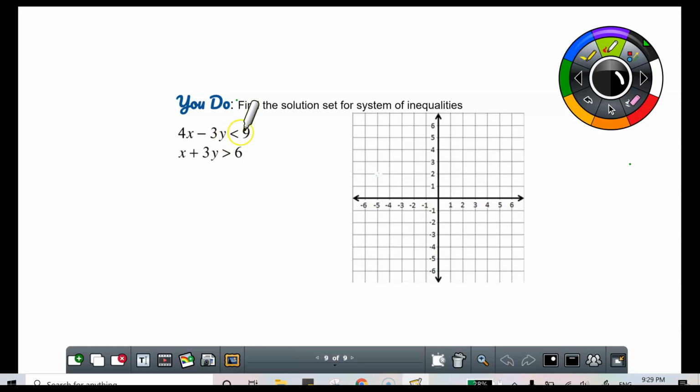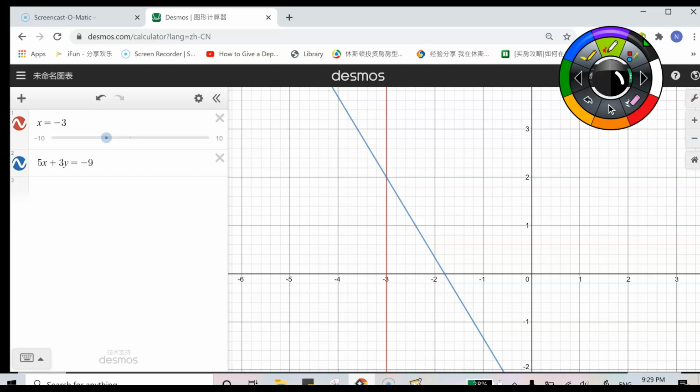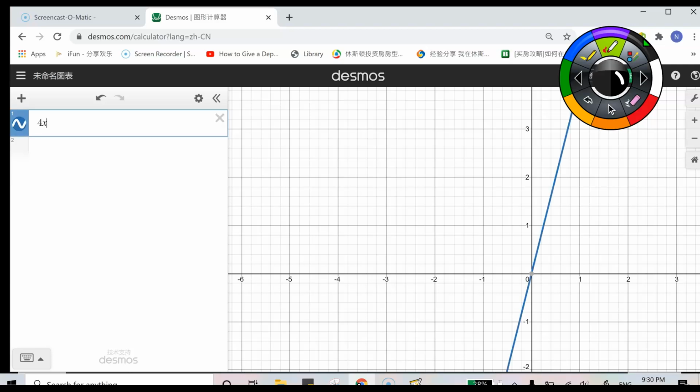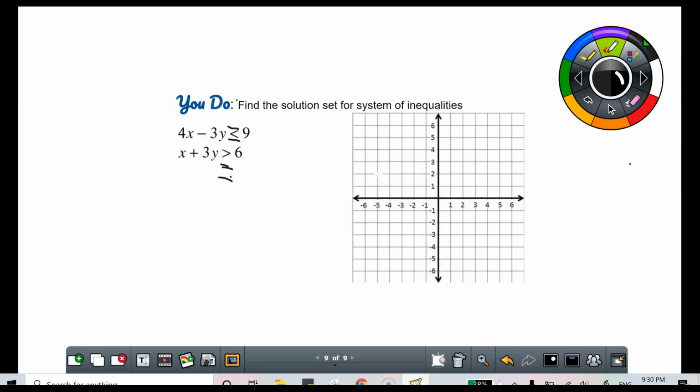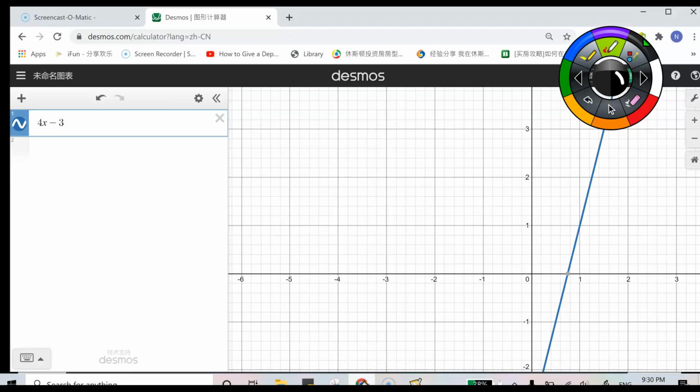First, see it as an equation. Okay? So you can put it into the decimals. So it's 4x minus 3y equals 9. Let's put it in. 4x minus 3y equals 9.